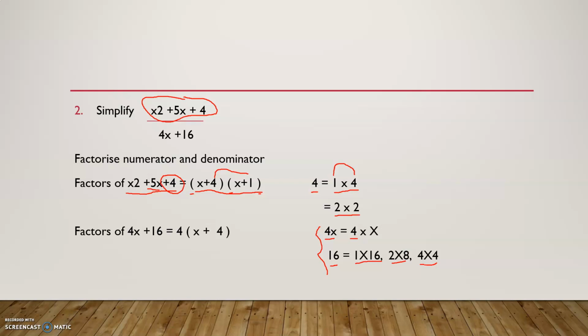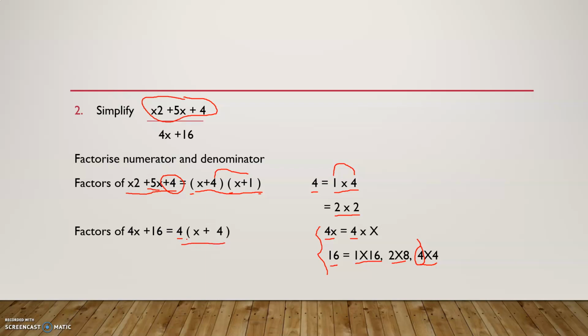So we take the 4 out, and divide the whole term by this 4. So 4 and 4 cancel out, leaving x. And 4 goes 4 times into 16. Hence we have 4 times (x + 4).